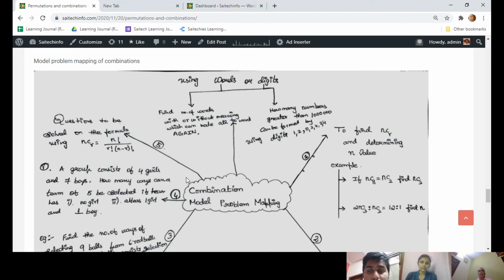So they'll give a word and ask how many words can be made from it. And lastly, using digits, they'll give something like numbers greater than 1 lakh, and ask how many numbers can be formed by using the digits 1 to 9 or 1 to 6. So from this we know that we have to find the greatest number which we can make.